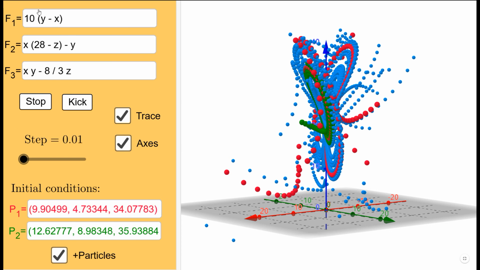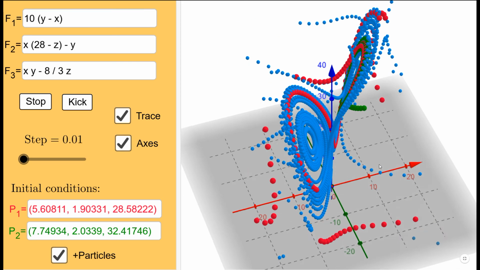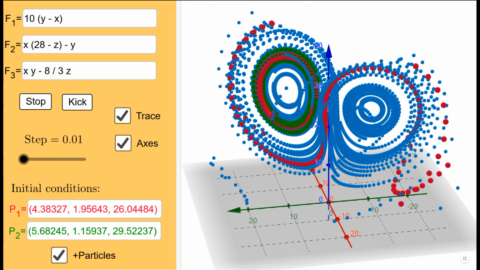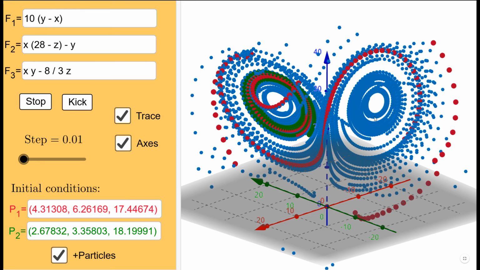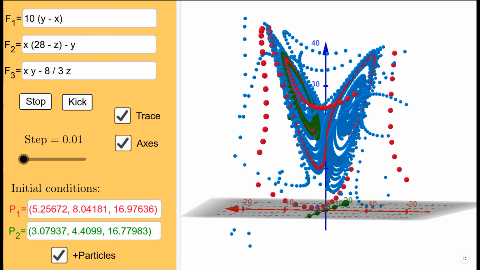Now, if we were to graph these vectors, then any one of these vectors, let's look at the red. One of the red pieces, let's say right in here. If you take one of these points, then the velocity vector, which is given by this vector formula here, will end up being a vector.